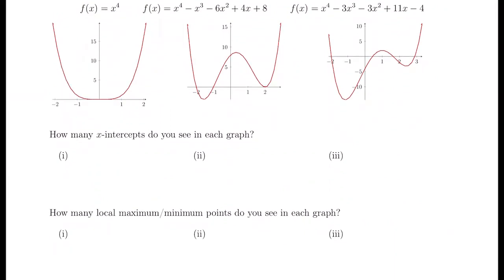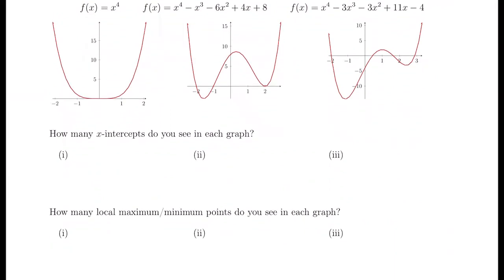So repeating the steps that we just did above, let's determine how many x-intercepts there are in each graph. For the first graph, we would see that only this point over here is the x-intercept. So we would say that there is 1 x-intercept here.